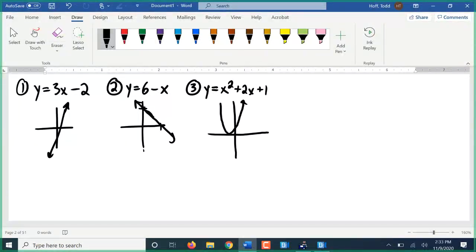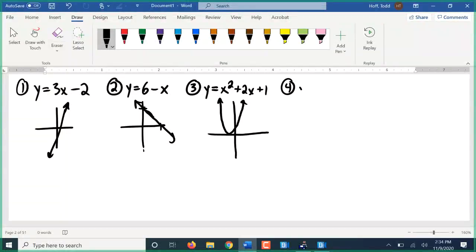Gives us a parabola, looks something like that. For number 3, that's another one where you'd pick a few points, put them on the graph, and then use the graph to decide where I need more points to plot to figure out what that's going to look like.